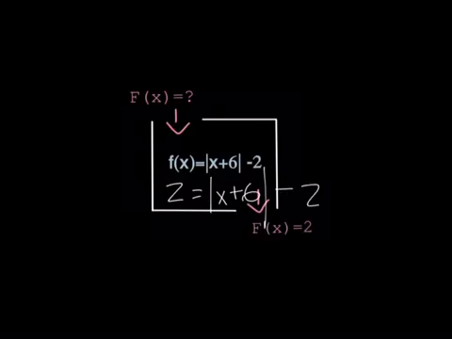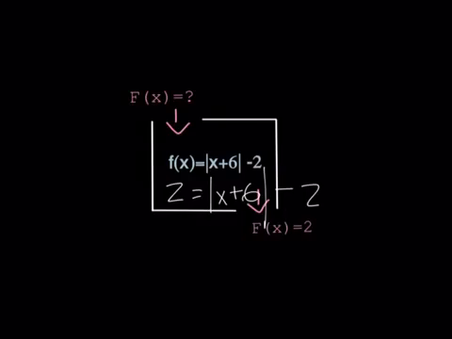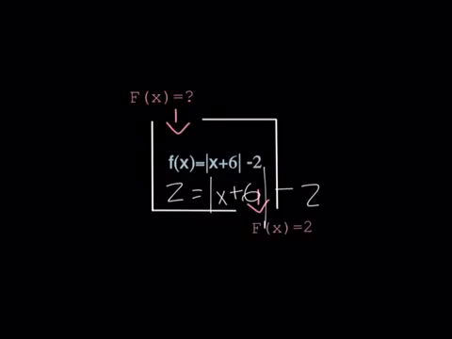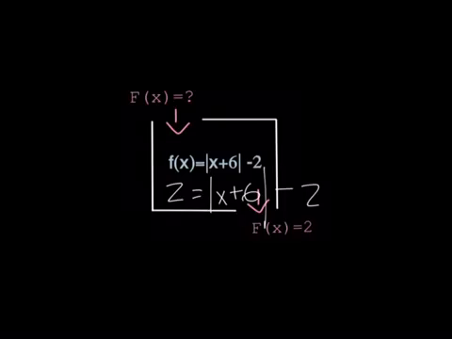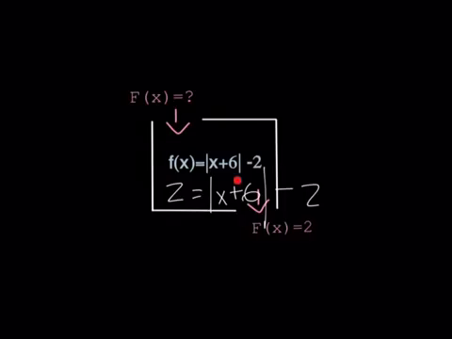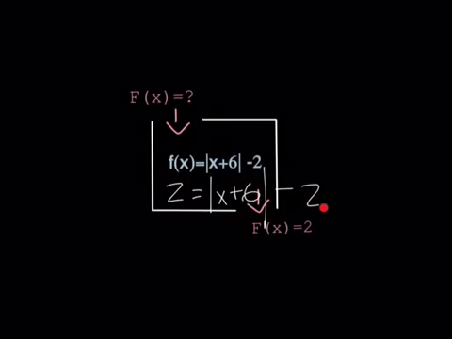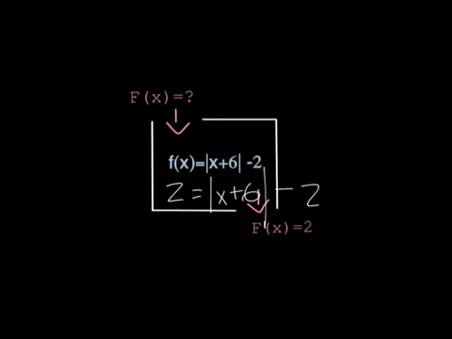So now we will be trying to figure out what number exactly can be added to 6 to get that absolute value that we will then subtract by 2 in order to get to 2.